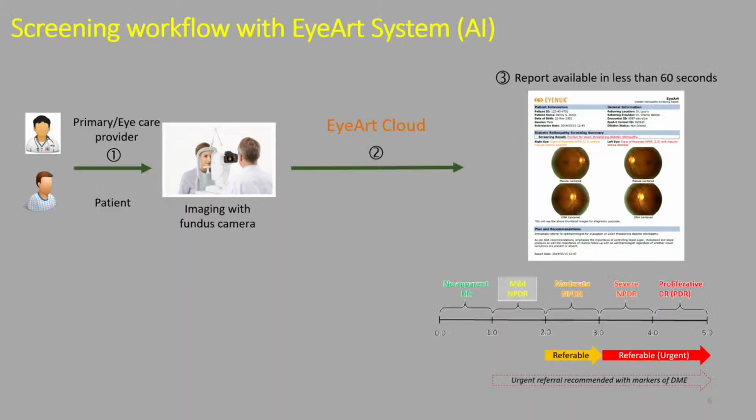And in between 20 seconds and 1 minute, you have the report with the patient data, the lesions, and the recommendation of the artificial intelligence on what to do with the patient. As you can see here, there are different classifications: no retinopathy, initial, moderate, severe, or proliferative retinopathy, and with the different diagnoses, you have a different recommendation.